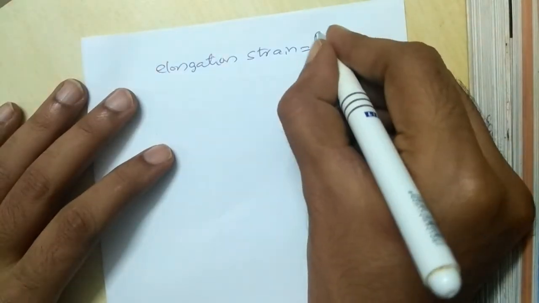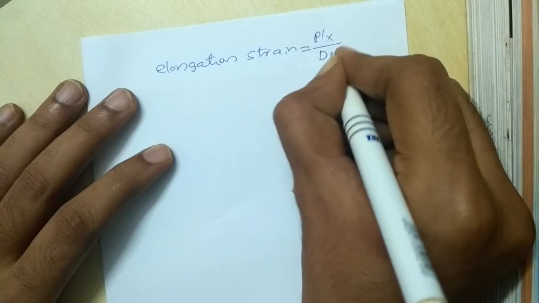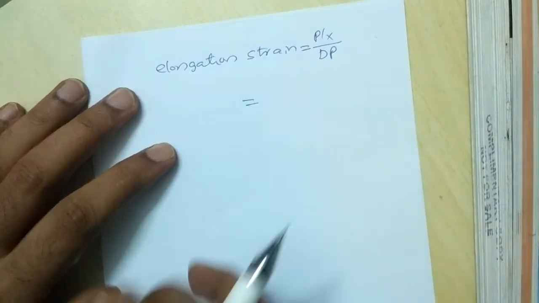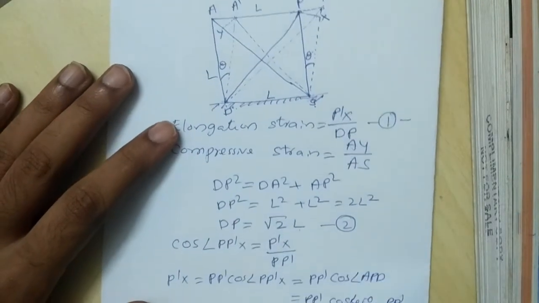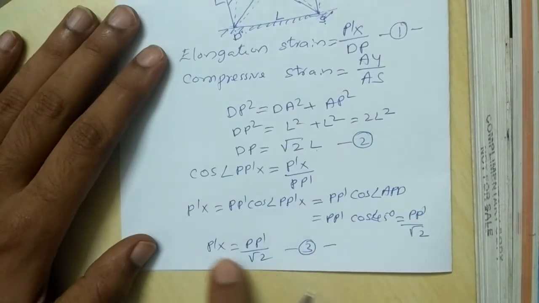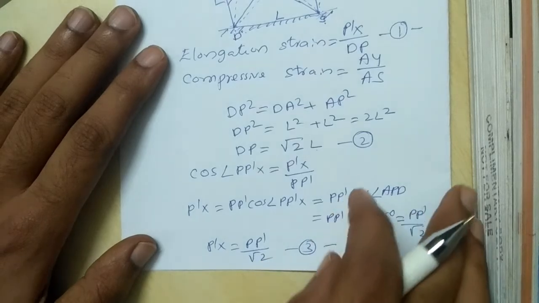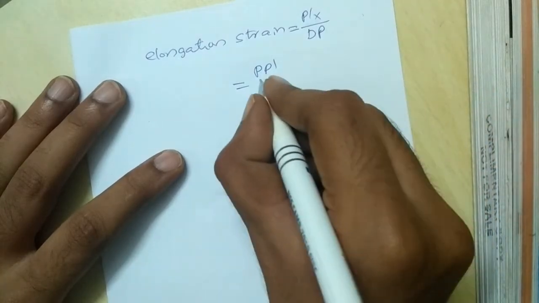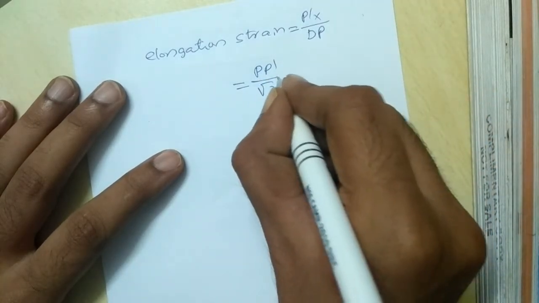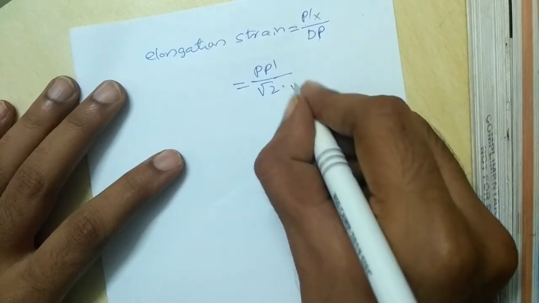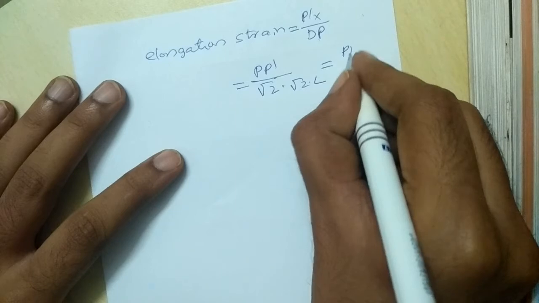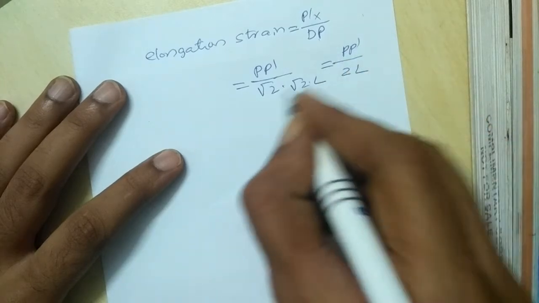From equation 3, we have P dash X is PP dash by root 2. So this is PP dash divided by root 2. So DP is root 2 into L. So this is equal to PP dash divided by 2L.